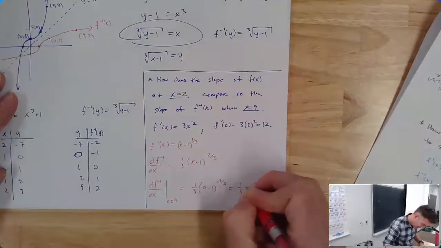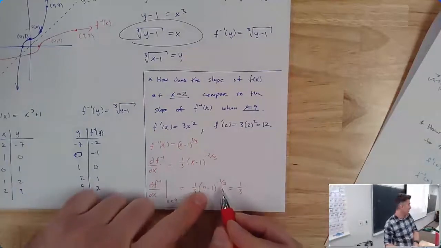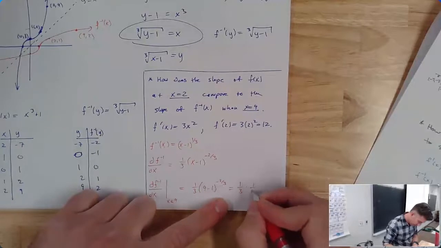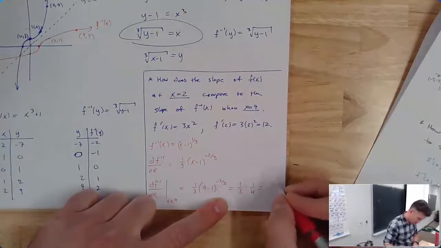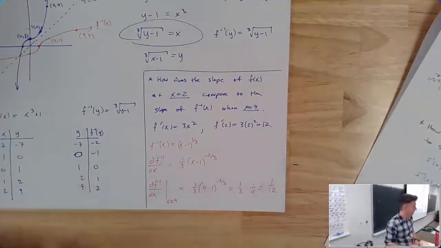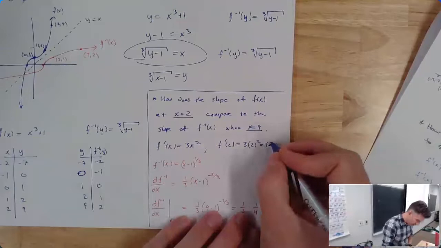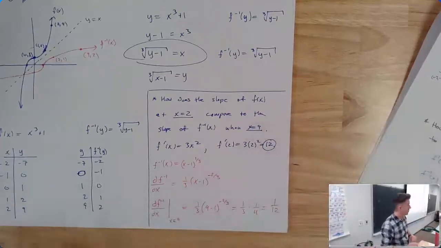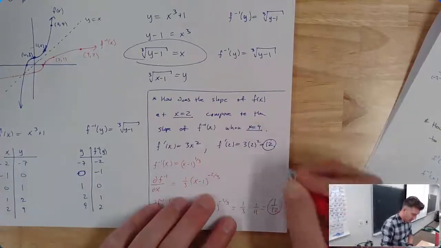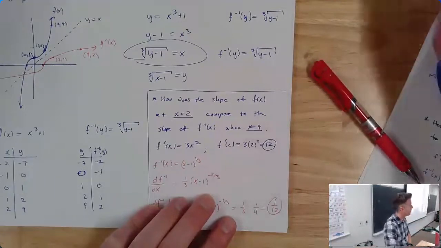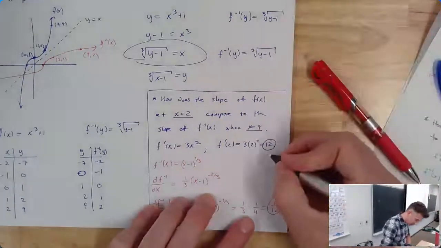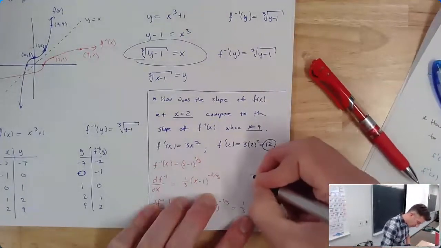This is 1/3 times, let's see, 8 to the negative 2/3 was 1/4, which is equal to 1/12. And here's the thing you want to see. These derivatives are reciprocals of each other. This is not a coincidence. This is what happens all the time. So these are reciprocals.